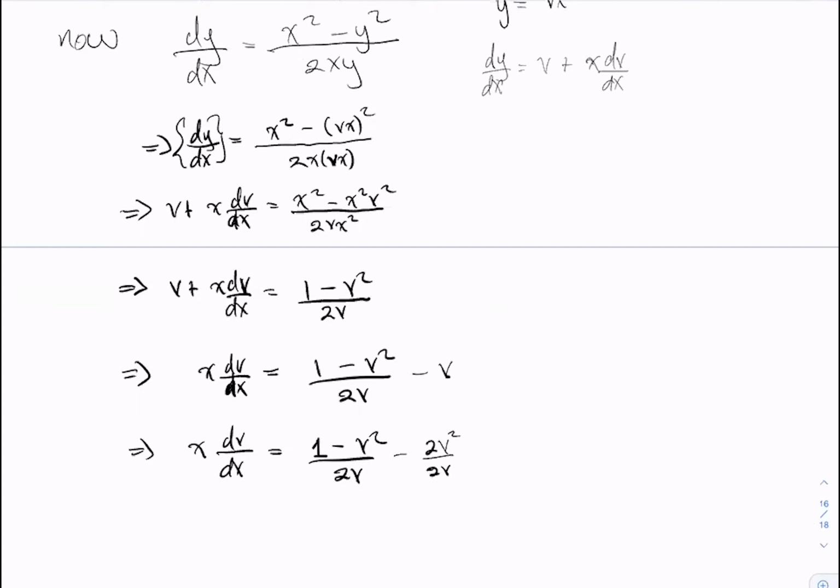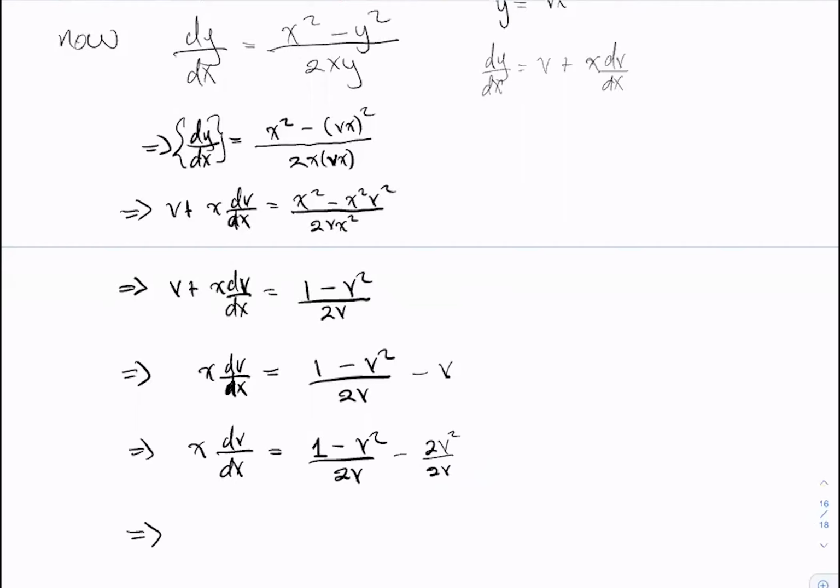Nice. So there I basically manipulated or transformed my v and rewrote it as 2v squared divided by 2v, which is equivalent to v. So no rules violated there.